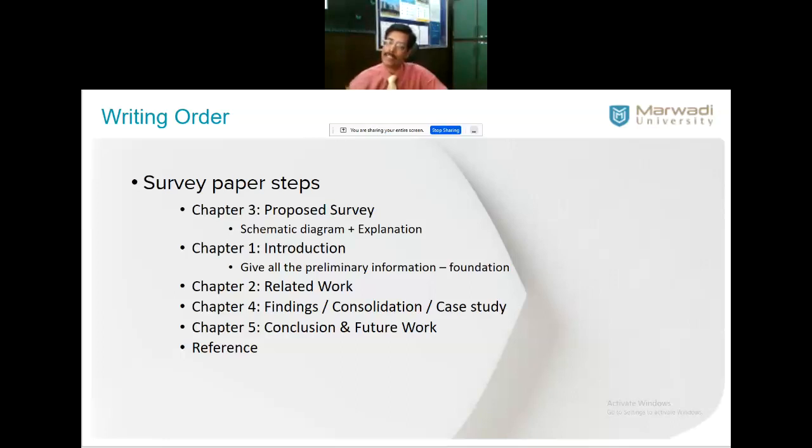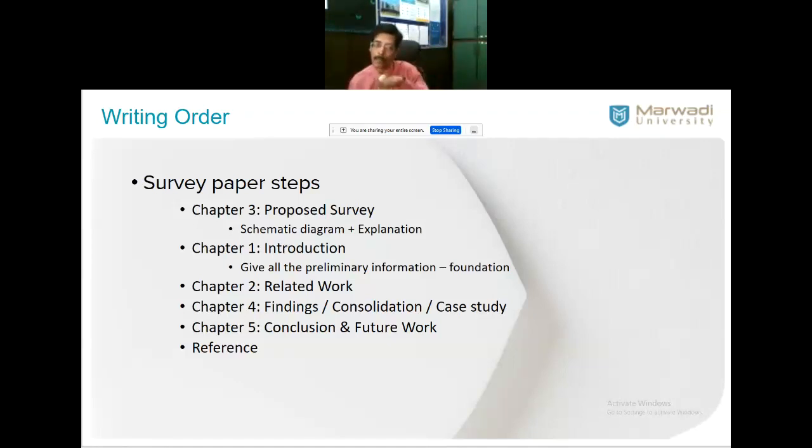Whatever peripheral, foundation, or preliminary information you want to provide to the reader with respect to your work. You have done something, but for them everything is new. They need to learn the background of it. Such background information is kept in the first chapter. Then go for related work. Then fourth, are there any findings? Can you consolidate them? Or is any case study possible?